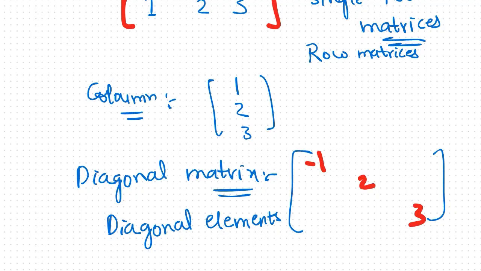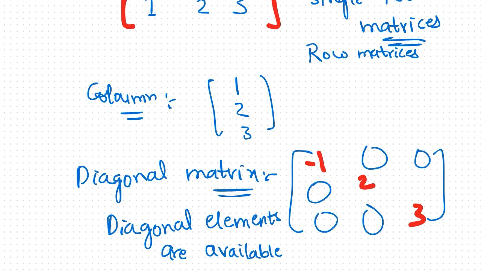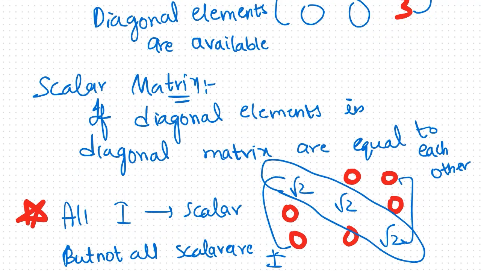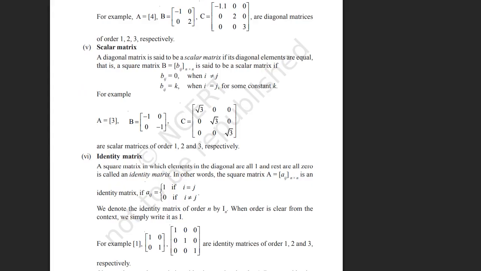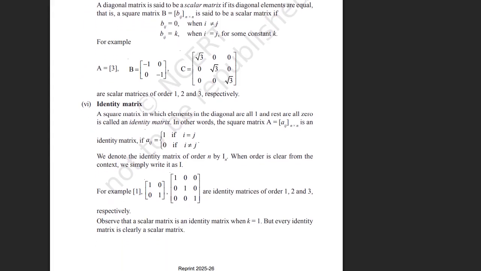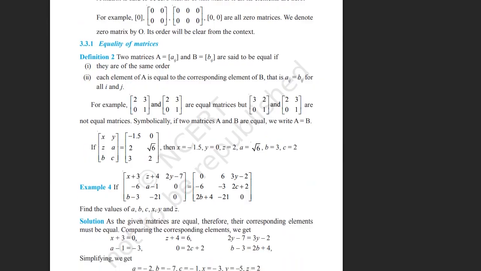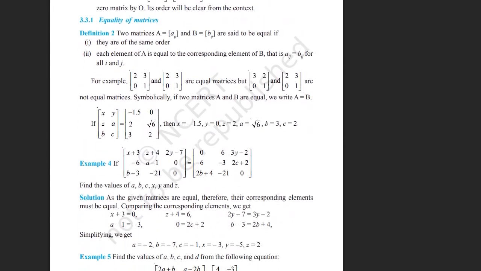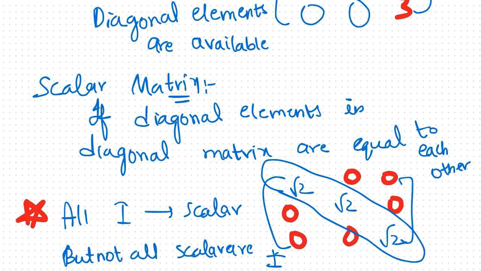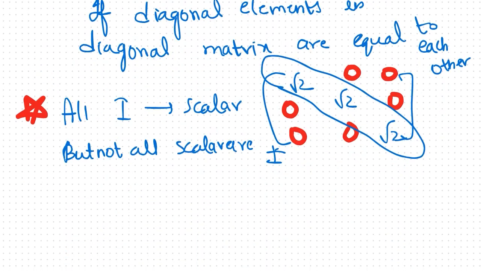This type is called a diagonal matrix. Apart from the diagonal, everything else will be 0. So these are some basics of matrices.